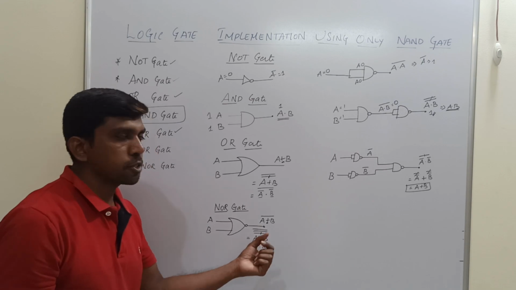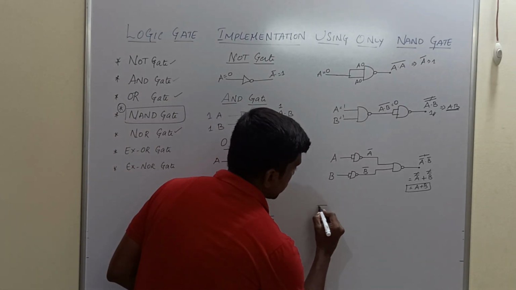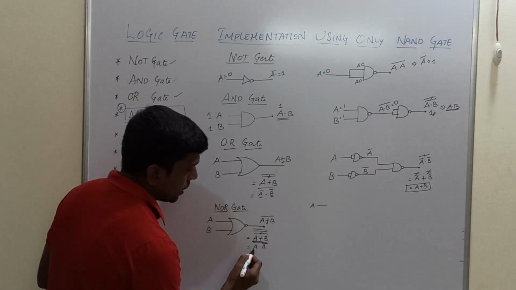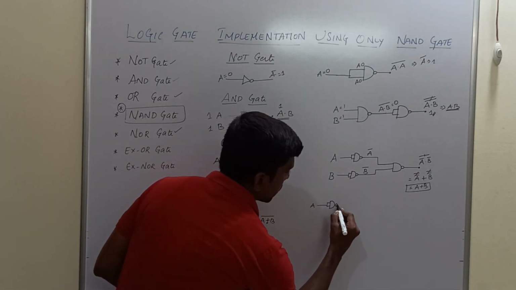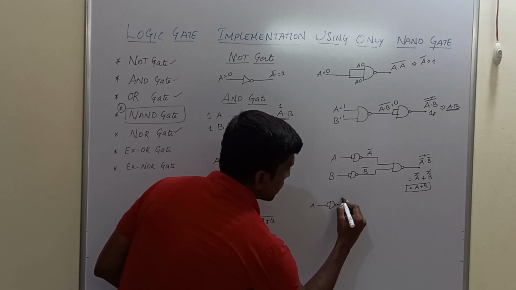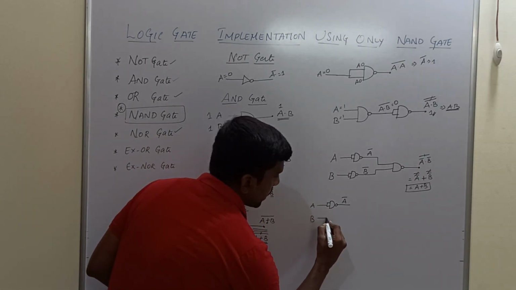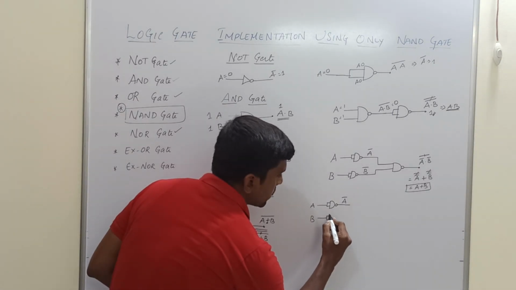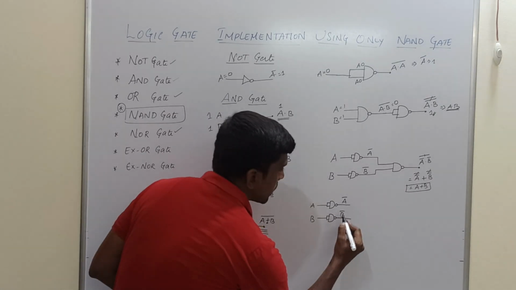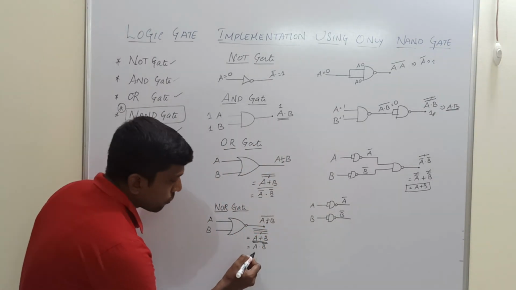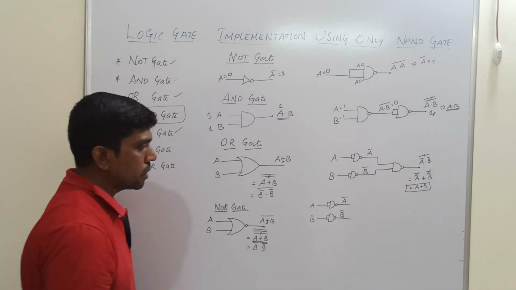So using this expression, now I am going to draw the NAND logic. The actual input is A, but I need A bar. So I am using one NAND inverter. The output of the NAND inverter is A bar. Then the second input is B, but I need B bar. So this B is given to the second inverter input. Output of the inverter is B bar. So far I obtained these two values, A bar and B bar.